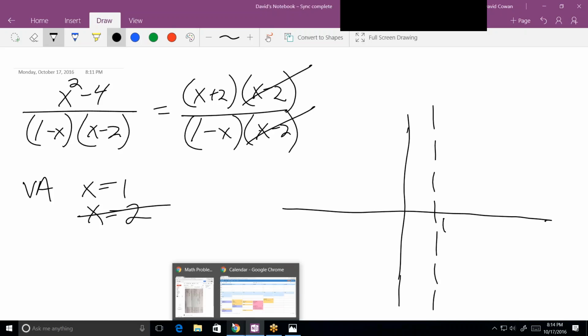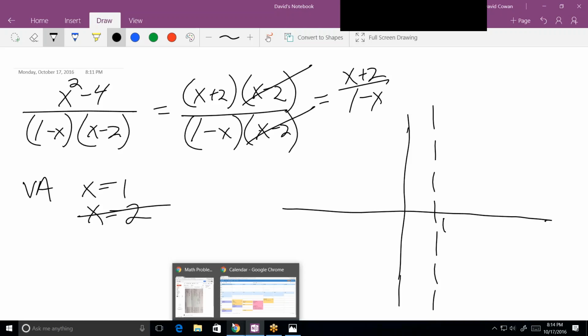Now, the fact that we canceled that doesn't totally change the domain. In other words, x still cannot be equal to 2. Even though our function now looks like this, if I was looking at just this final function, I would not see that domain restriction.